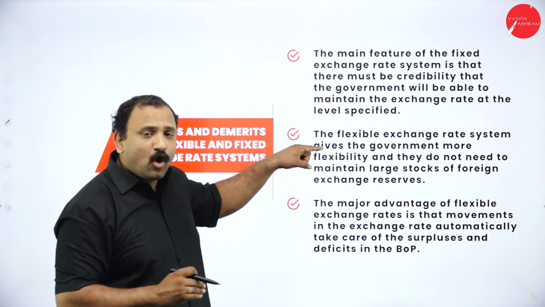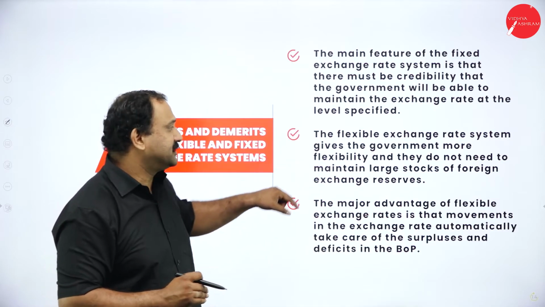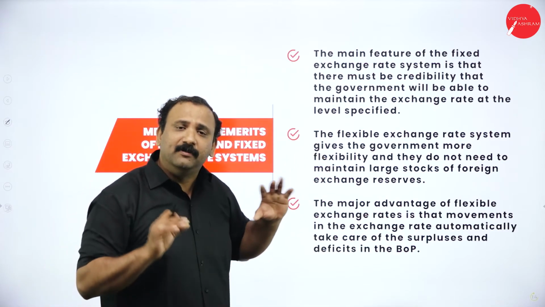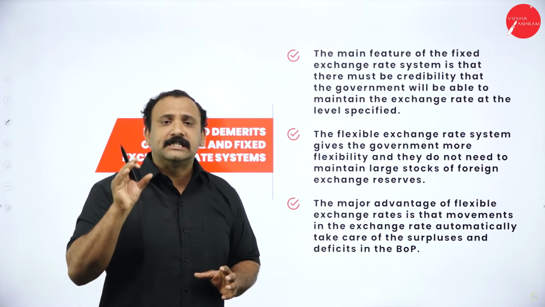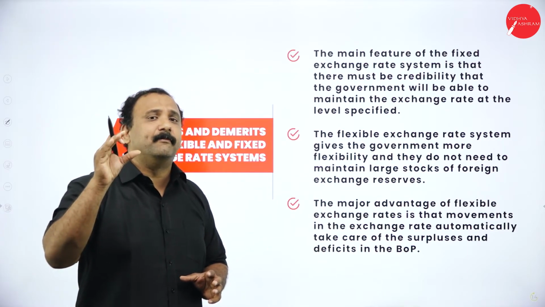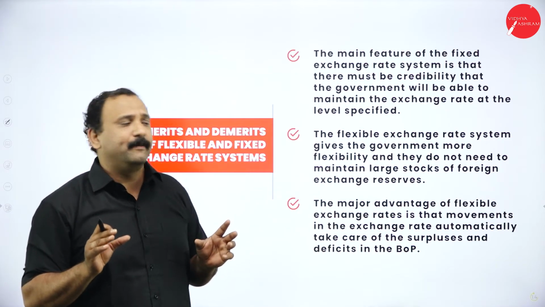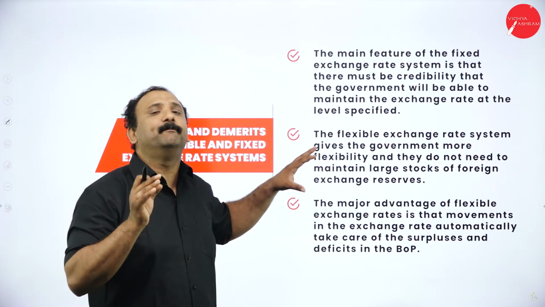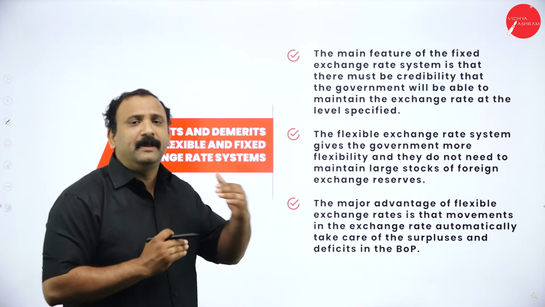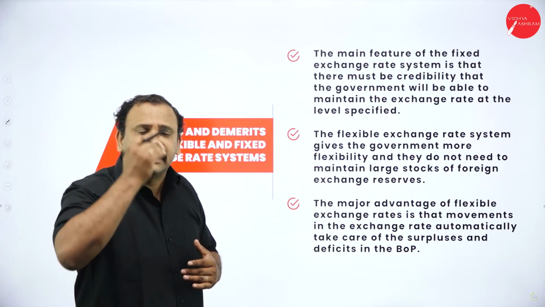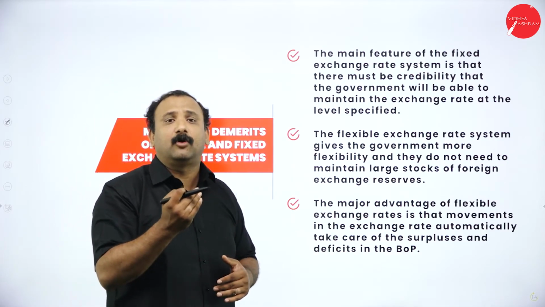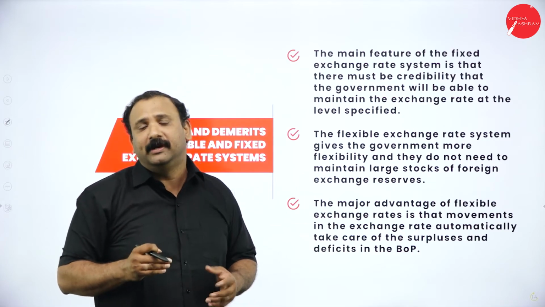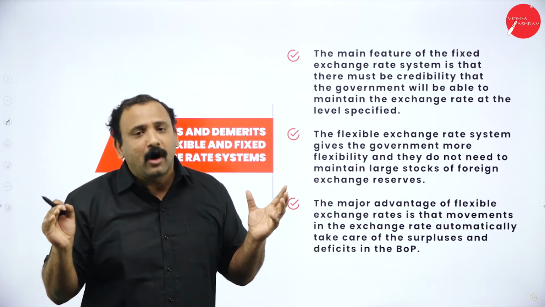Whereas when you go to the flexible exchange rate system, this gives the government more flexibility because it is purely dependent on market factors, the supply and demand factor. So automatically there will not be much impulse. There will be a movement, of course, and the movement is understandable because the market is creating it. The government is not trying to block anybody.